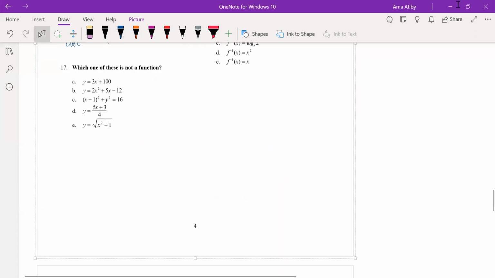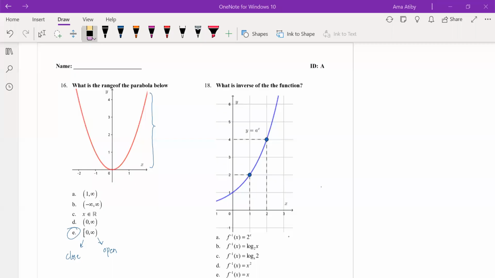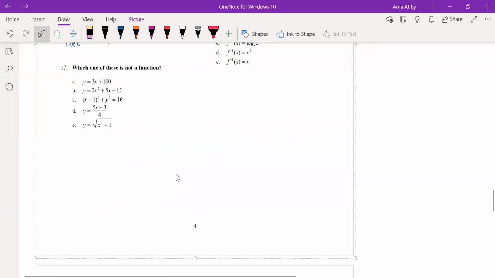All right, so let's solve until number 20. Now we move on to question number 17. Which of these is not a function? y equals 3x plus 100 is a linear function. y equals 2x squared plus 5x minus 12 is a quadratic function.